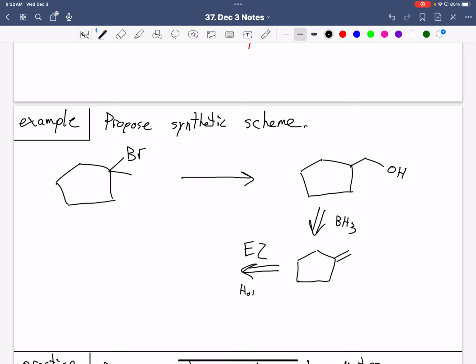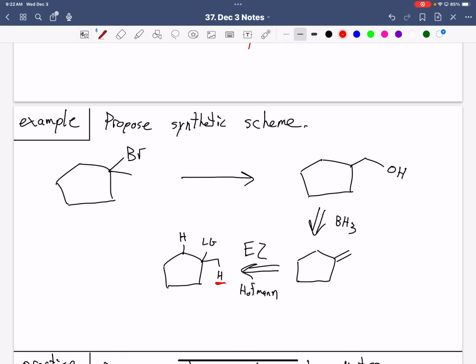And specifically, an elimination reaction that gets us to the less substituted. So like some leaving group there. We could pull either of those H's off, but we want to pull the one from there. So we need the Hofmann product.